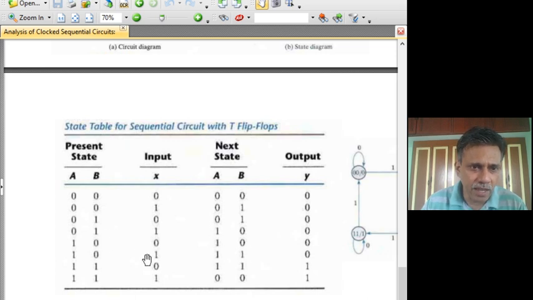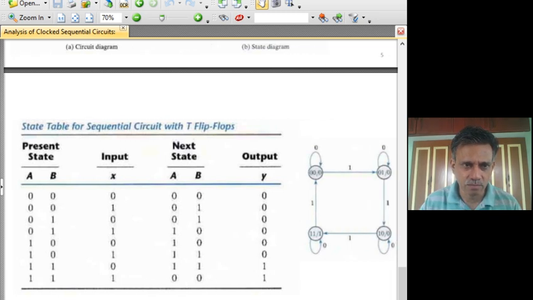Then you look at the next three rows, which have X and B not both 1. Therefore, TA is 0, so A is unchanged and A plus will be just A. For the last row, both X and B are 1. Therefore, you toggle A and put it as 0. So this is how you can arrive at the next state.